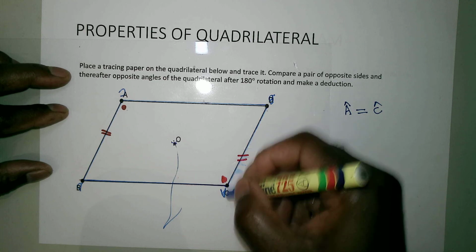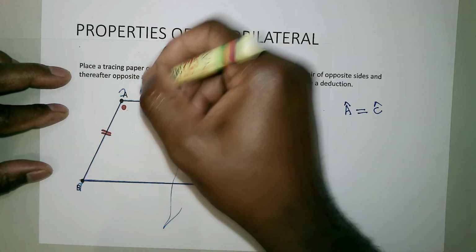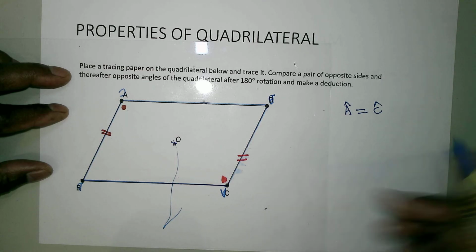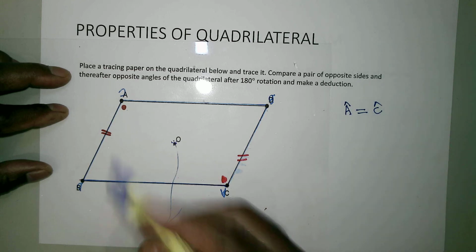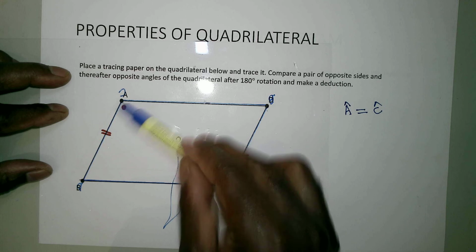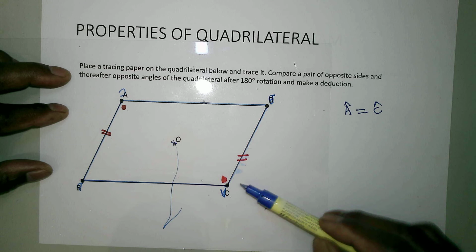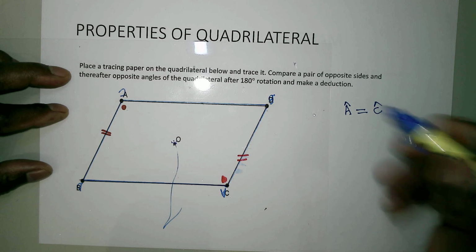One other thing: remember we had AB here on paper. After rotation, AB sits now on CD, and AB is exactly equal to CD. Even when it comes to this side, you can see CD is exactly equal to AB after rotation.